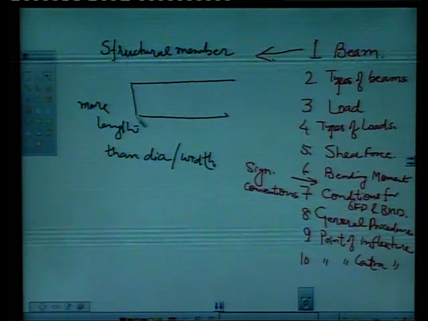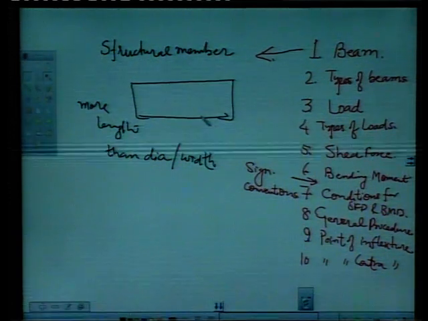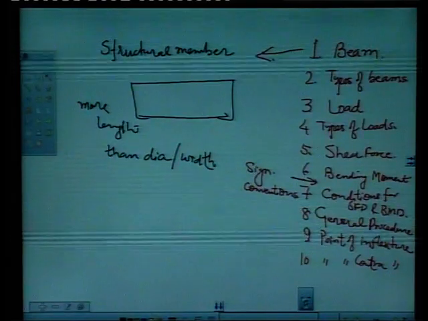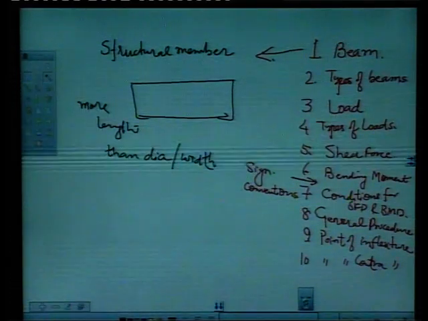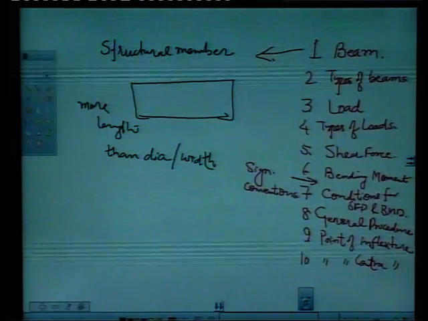For example, this is a beam. On a roof you can see this is a beam, any roof, that is a beam which bears the load.